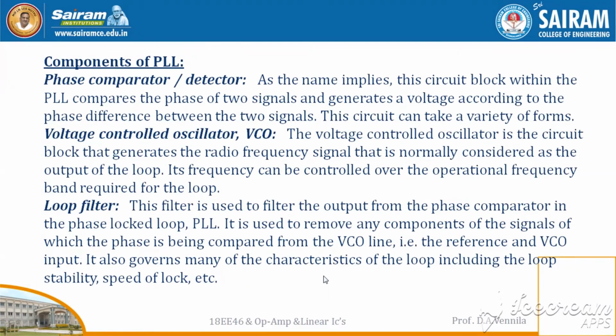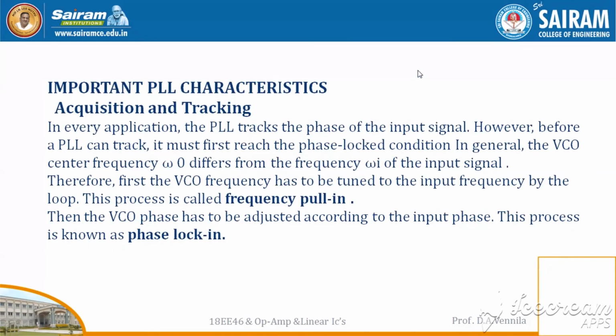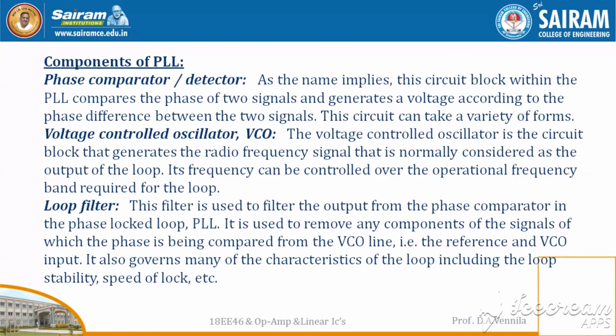Now next, I already said the components of the PLL. We are having three important components: phase comparator or phase detector, voltage control oscillator, and loop filter. I also told all these three functions.